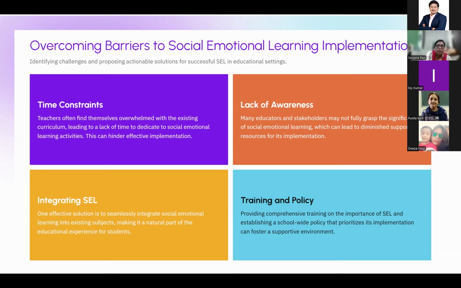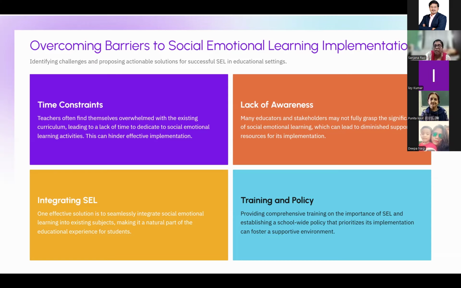Integrated SEL, one effective solution is the seamless integration of social and emotional learning into existing subjects. So how we have GK, moral science and all those things, social and emotional learning also has to be a part of it. Making it a natural part of the educational experience with case studies, if they implement all these things, this awareness will be there among the students.